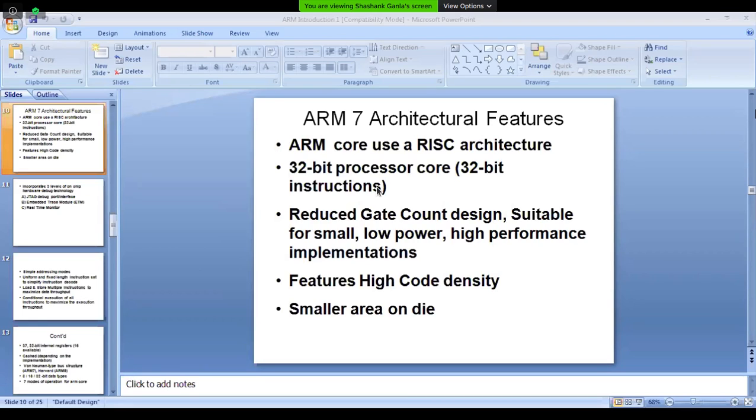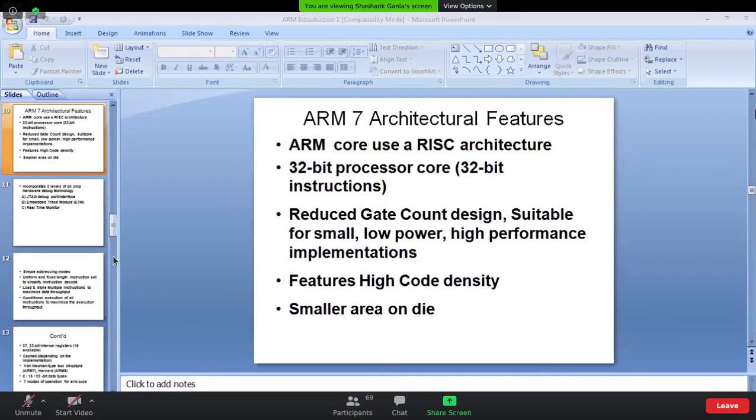Now, if the same application is written with 16-bit instructions, let us say it takes around 120 instructions to complete the same application using the Thumb instruction set.